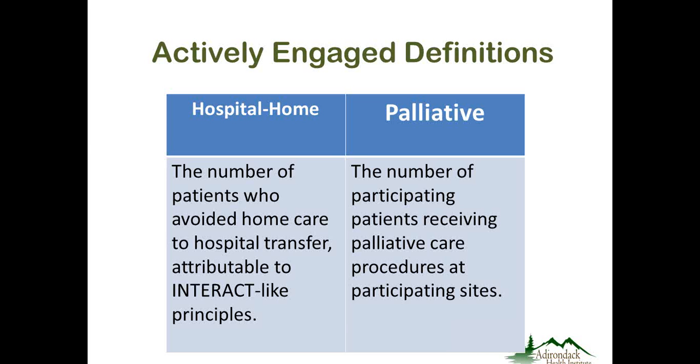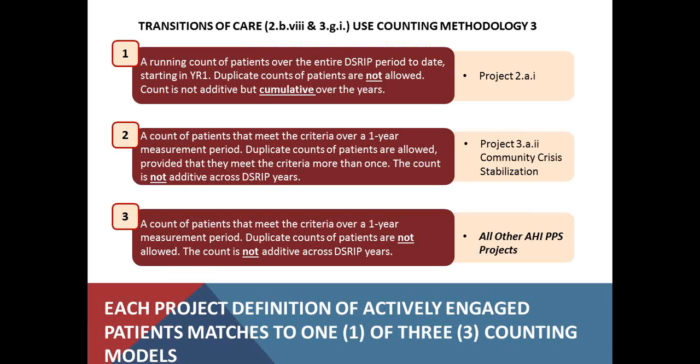Overall, we know that DOH has said that any actively engaged definition that can be measured through claims data will be measured through claims data, but this particular one, I'm not sure how they're going to operationalize that definition and how we'll be doing that counting. For the palliative project, the actively engaged definition is the number of participating patients that receive palliative care procedures at participating sites.